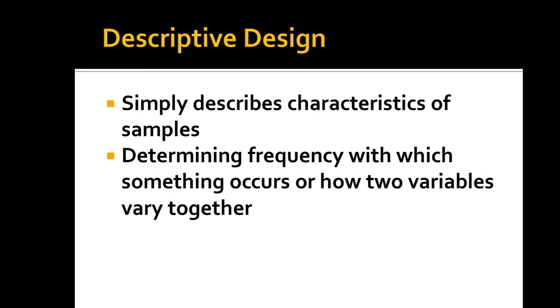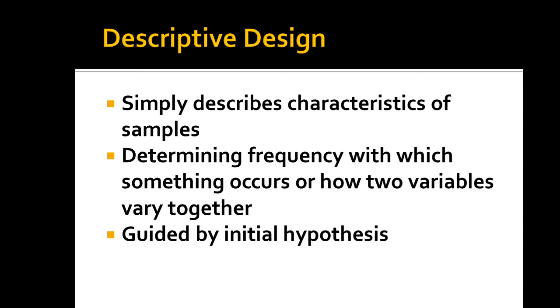You are determining the frequency with which certain characteristics occur. So for example, we are taking two variables here, two concepts. One is gender, the other one is shoe size. When you want to know the shoe size of the genders, it's a descriptive design. That's the uniqueness of this design, and it's a very commonly used design.